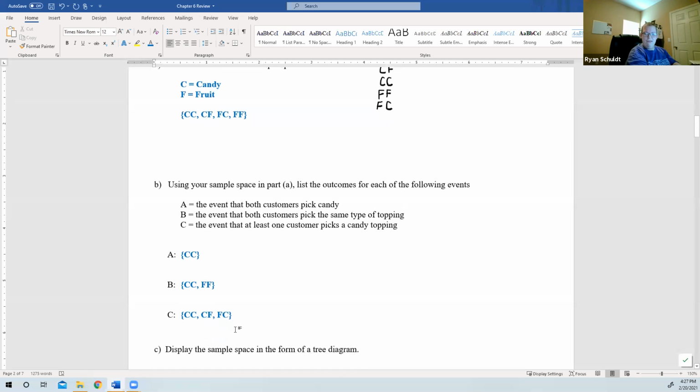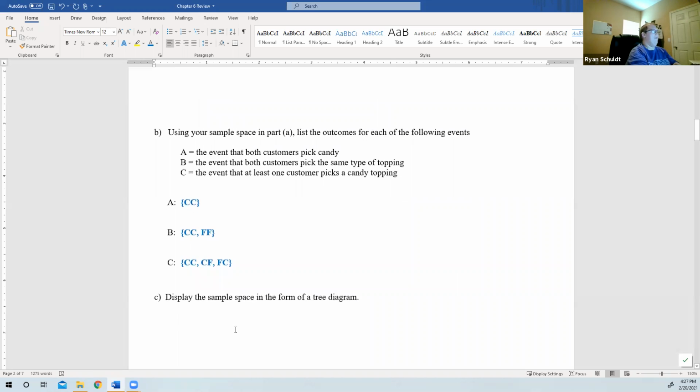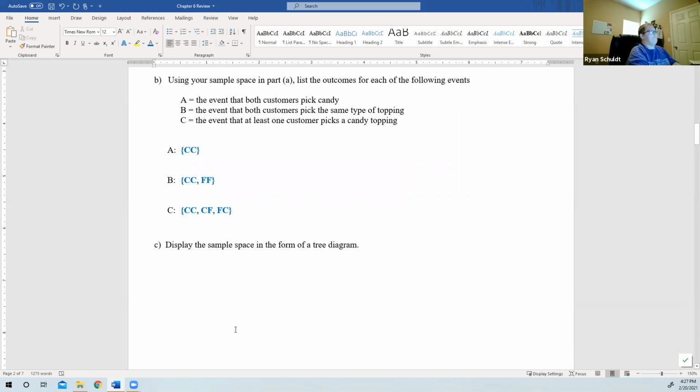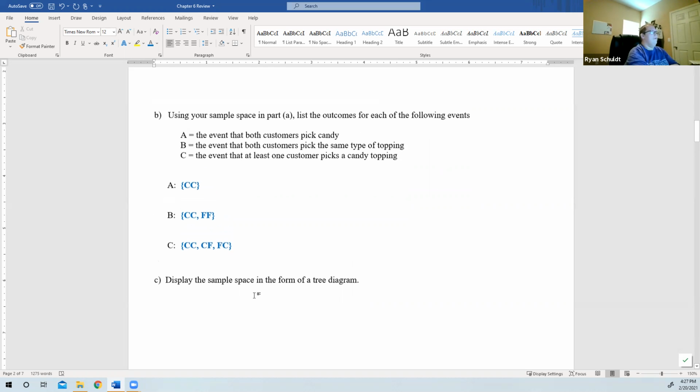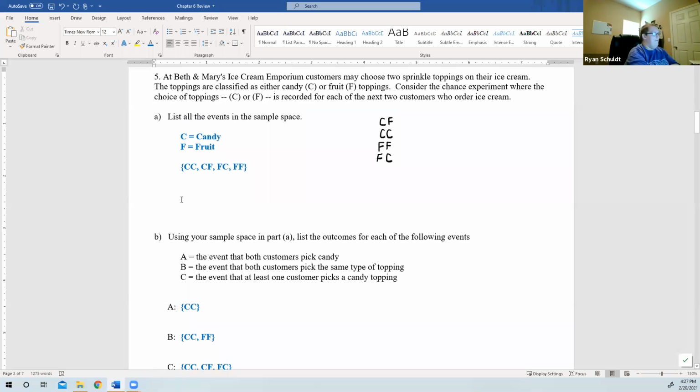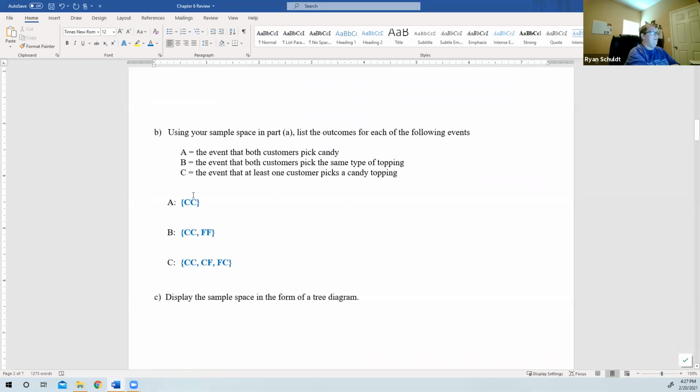I don't really know how else to explain that one. You use your sample space from A to name the events, list the outcomes. I mean, that's it.